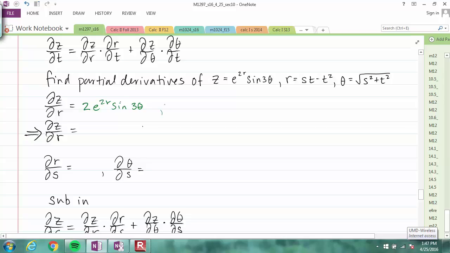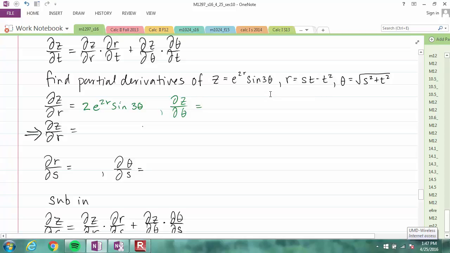Okay, so some other things we need to find, and it doesn't matter what order you do these, but I'm going to find the partial derivative of z with respect to theta, because I'm just kind of focused on that equation right now. So here we have sine of 3 theta, that's the theta, and the e to the 2r is a constant multiple. So what's the derivative of sine of 3 theta?